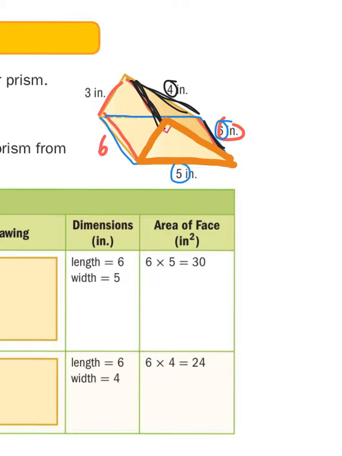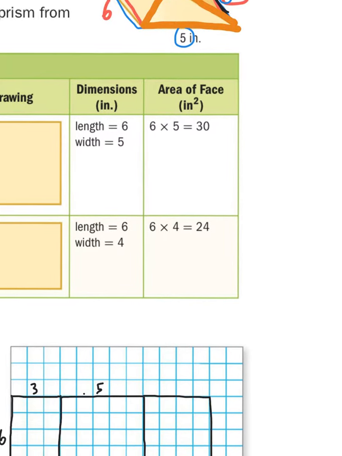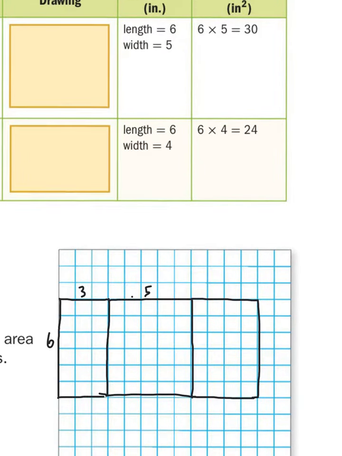So if this is 3, remember the 3 is right here, and this is 4, because remember the 4 is right here. So I'm going to do the 3 by 4 somewhere down below. I can either use this for the 3 or this for the 4. So I'm going to actually go with the 4. Now, I still have it on fat pen, sorry about that. Now if I use the 4, then that means the 3 has to be how high it goes.